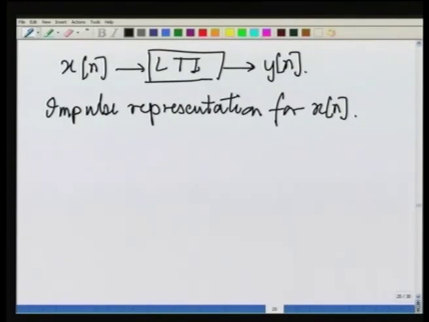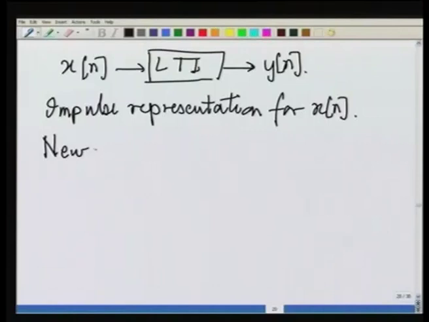Now, what is an impulse representation? Let me begin the discussion by introducing a new signal, hitherto unknown. This signal is called delta n. It is called the Kronecker delta.